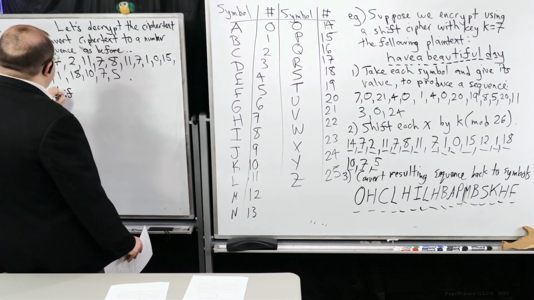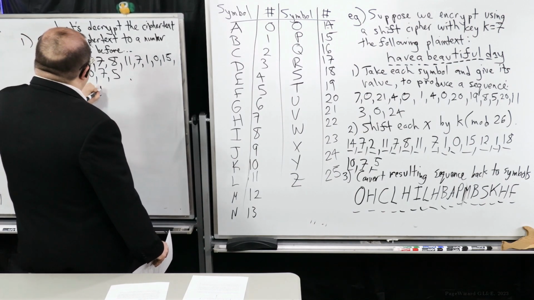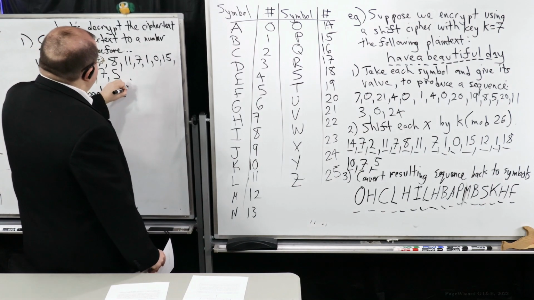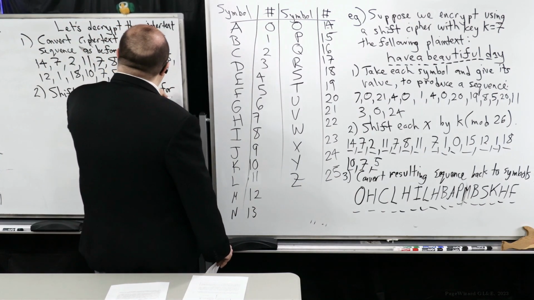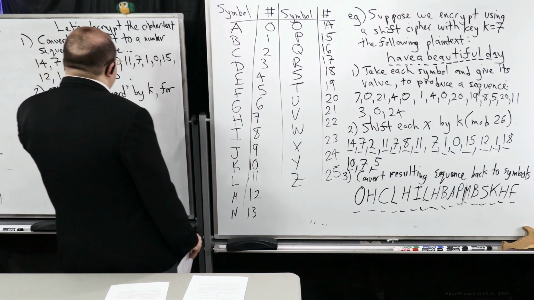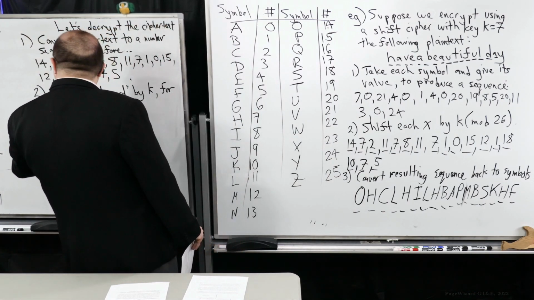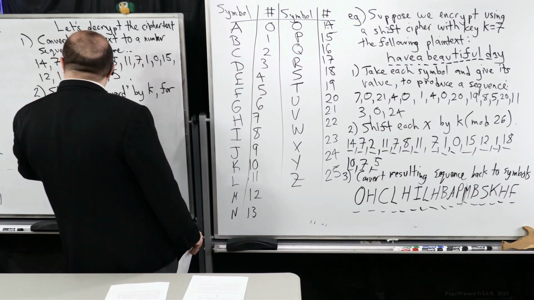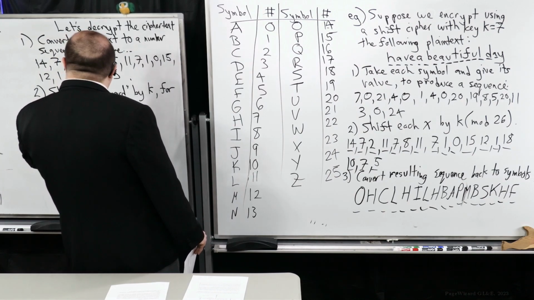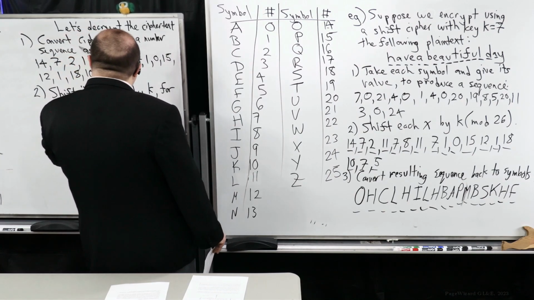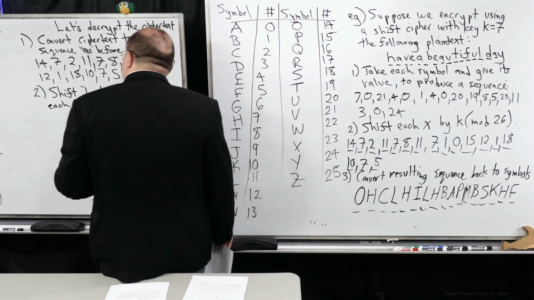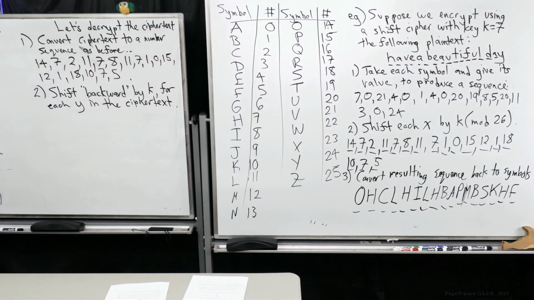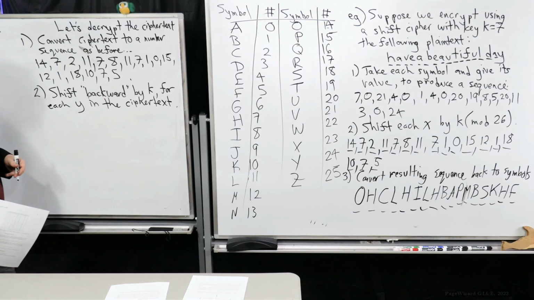So we're going to shift backward by K for each Y in the ciphertext. So let's take each one of them and let's apply our process here.